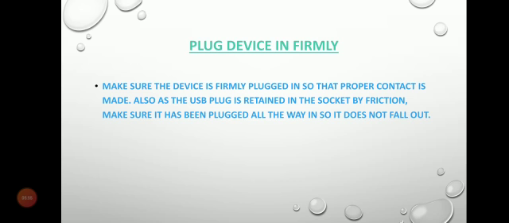Number 1, plug the device in firmly. Make sure that the device is firmly plugged in so that proper contact is made. As the USB plug is retained in the socket by friction, make sure it has been plugged all the way in so it does not fall out.